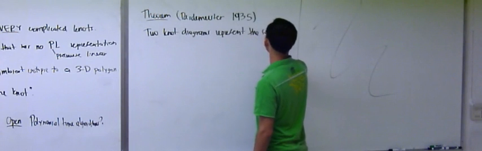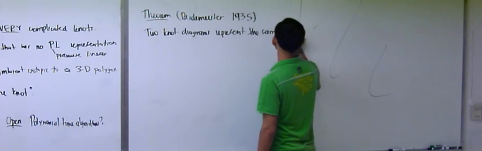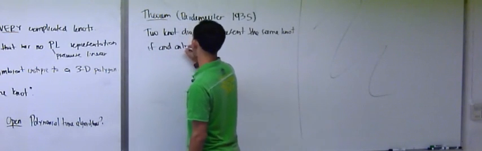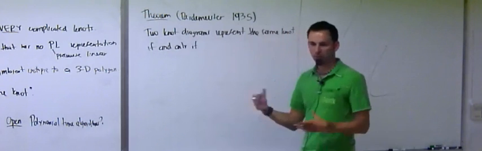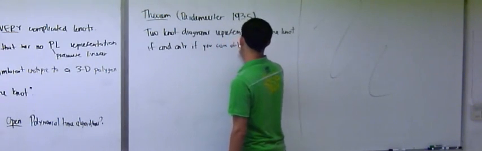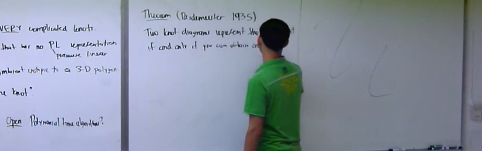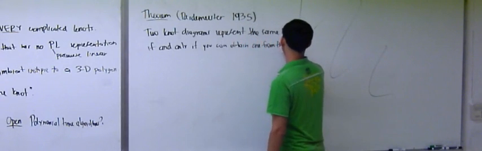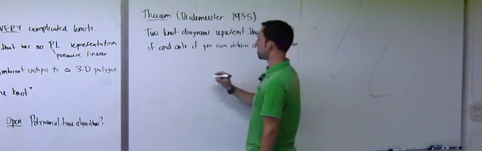Two knot diagrams represent the same knot if and only if you can obtain one from the other by what are called Reidemeister moves.